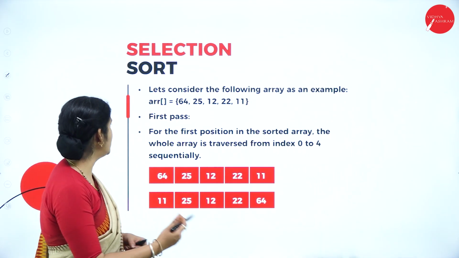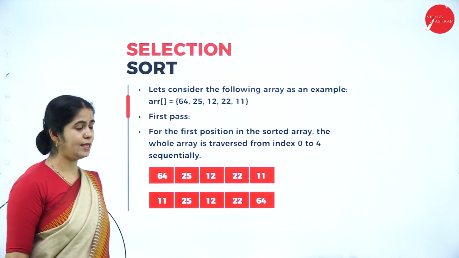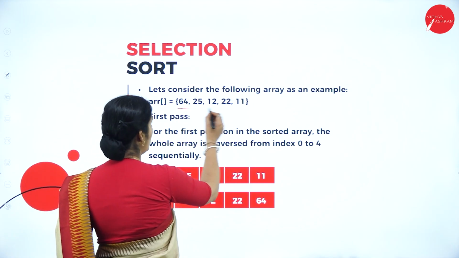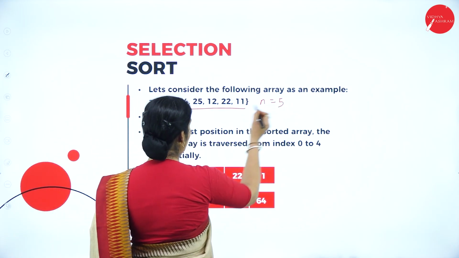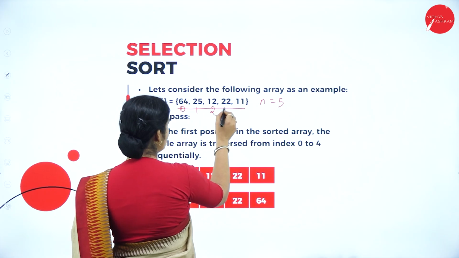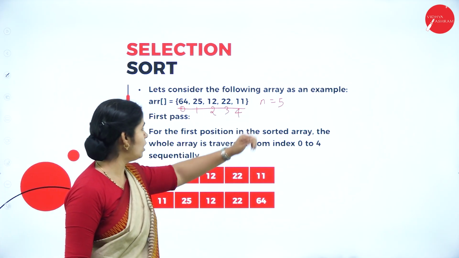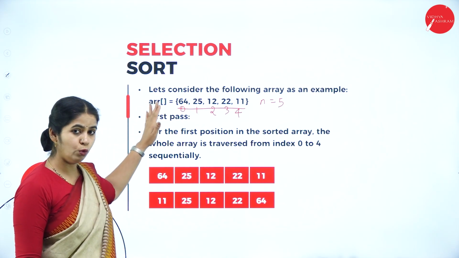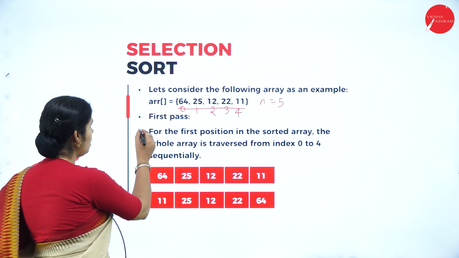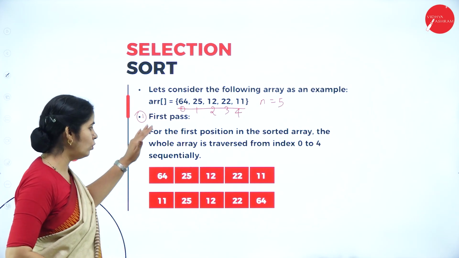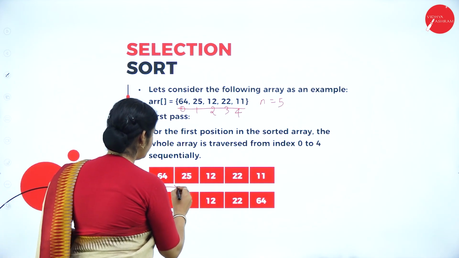Next, how to do the selection sort? Considering an example, how many elements do you have? N value is equal to 5 with the index 0, 1, 2, 3 and 4. With the index value 4, n value is equal to 5. What do we have to do in the first pass? In the first pass, traverse the array.